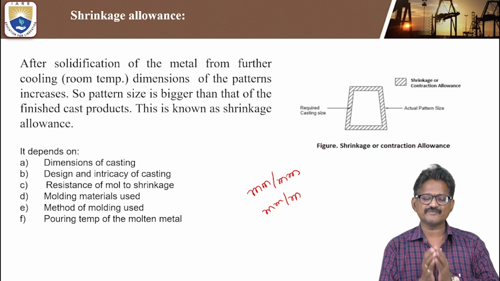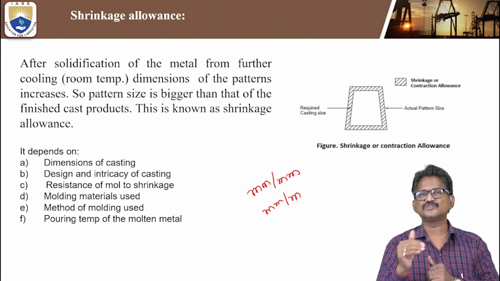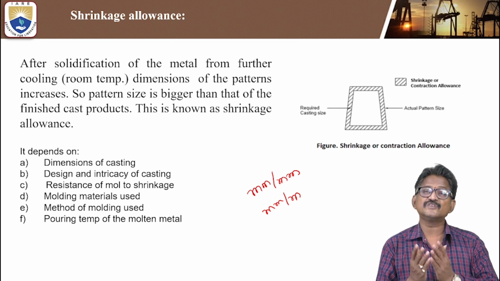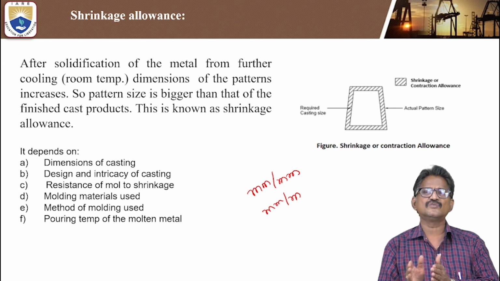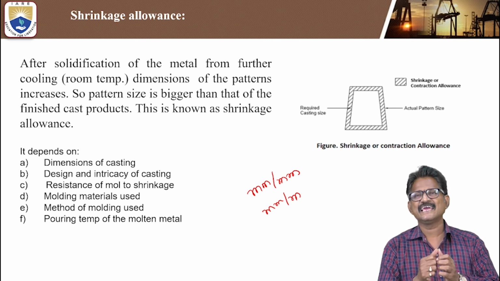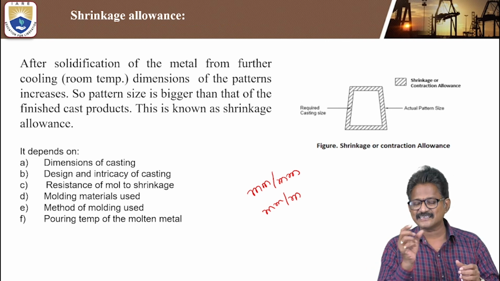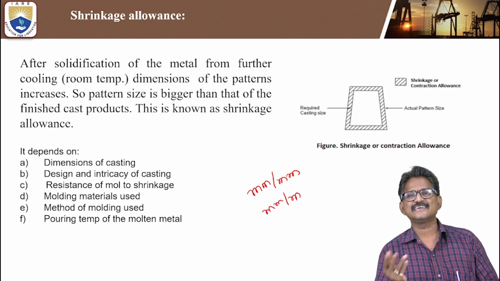After solidification, with further cooling, it is kept at room temperature. Whenever the molten metal is poured, the temperature will be more than 1400 degrees centigrade. By giving some solidification time, it will cool. Whenever it cools, the pattern size may change. That change in the dimension, we call a shrinkage allowance.